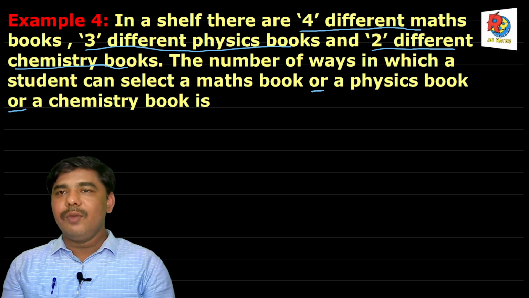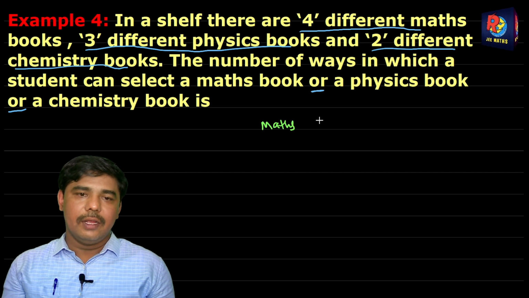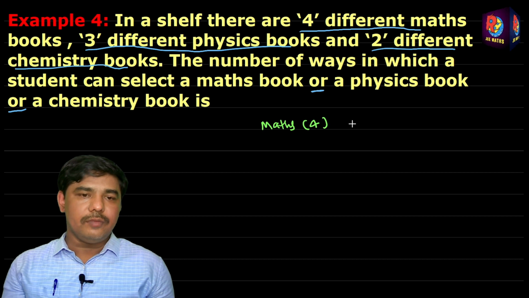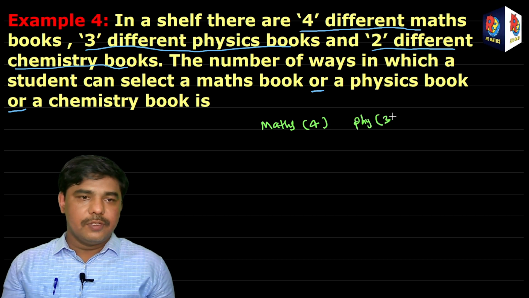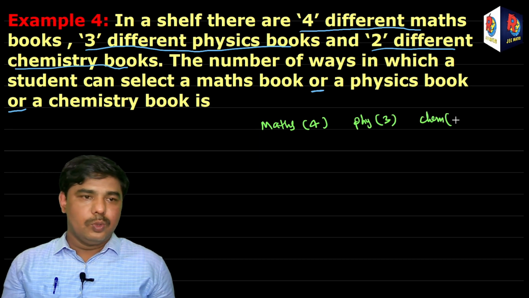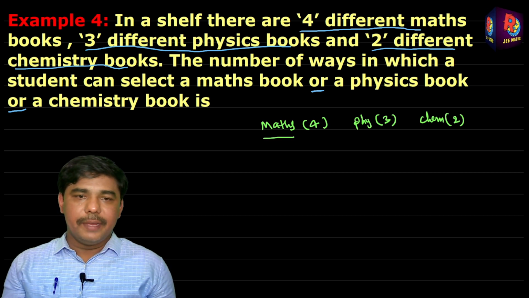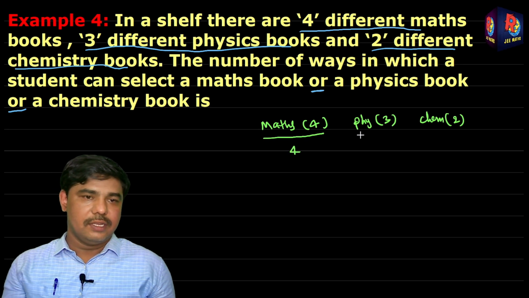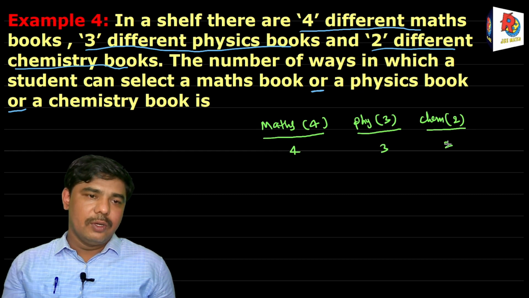So simply we can write here: how many maths books are there? There are 4 maths books. How many physics books? 3 physics books. How many chemistry books? 2 chemistry books. The selection of maths books is 4 choices, physics books 3 choices, chemistry books 2 choices.